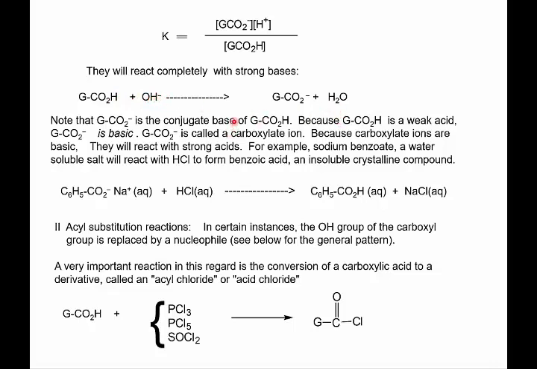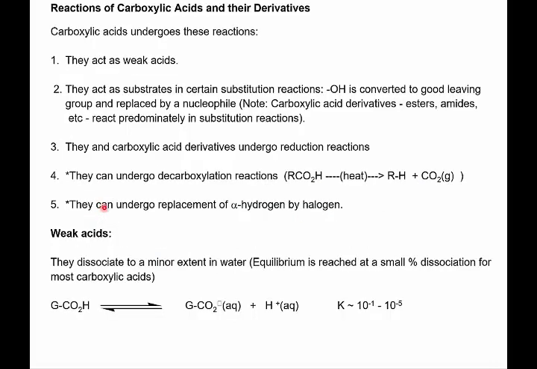Flipping the coin, if you take the conjugate base of the carboxylic acid, the so-called carboxylate, that carboxylate is weakly basic, and if you treat it with a strong acid, you get a favorable acid-base reaction. The carboxylate is completely converted to the corresponding carboxylic acid. All right, the second reaction we're going to look at now.